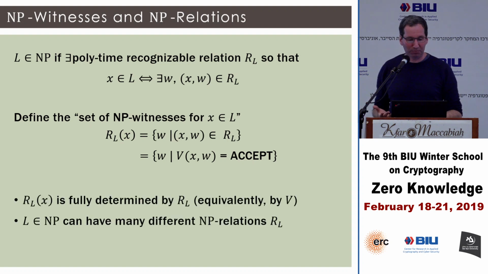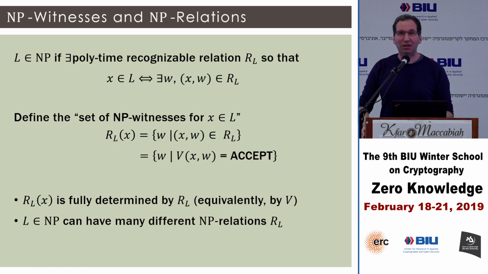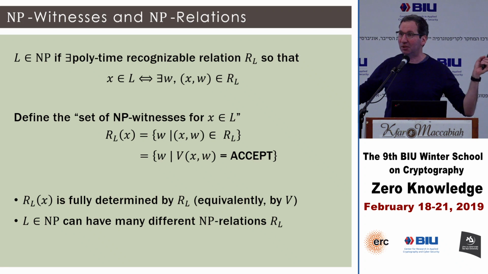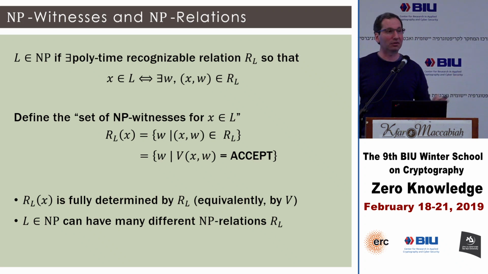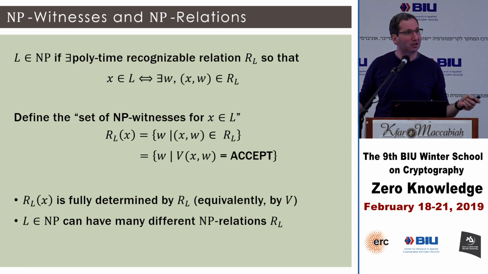Two things I want to point out. One I already did, that the relation is fully determined by the verifier. And the other one, which is sometimes overlooked by people, is that every language in NP has infinitely many relations. Okay? You can always augment the witnesses with some dummy bits that have no relevance to whether X belongs to the language or not.